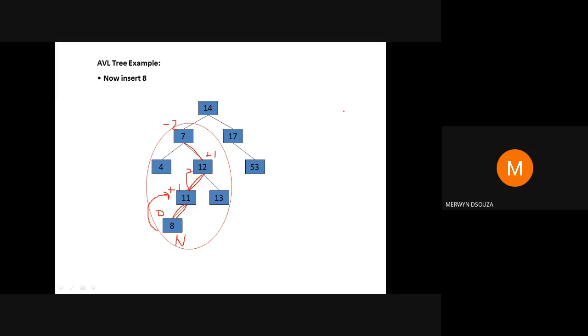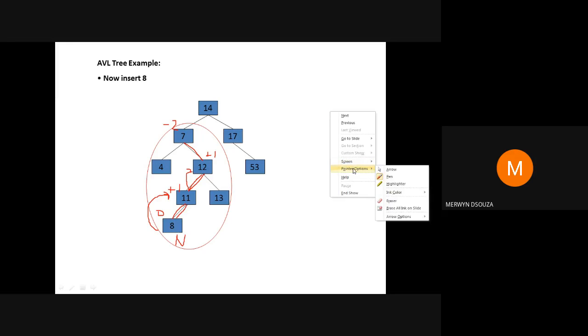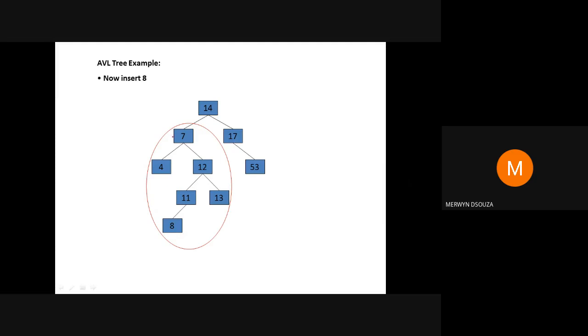So now you have to identify the rotation. When you are identifying the rotation with respect to 7, this problem node will be A. Always, wherever the problem occurs and balance is not proper, it will be A. This is the path along which you came, checking the balance. So this 12 is connected on the right side of 7.